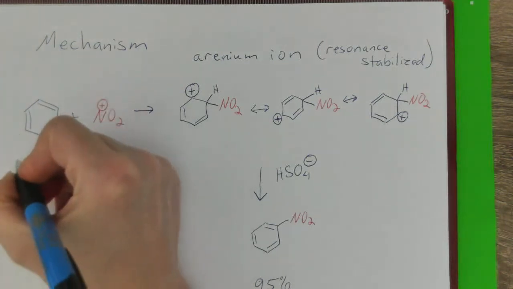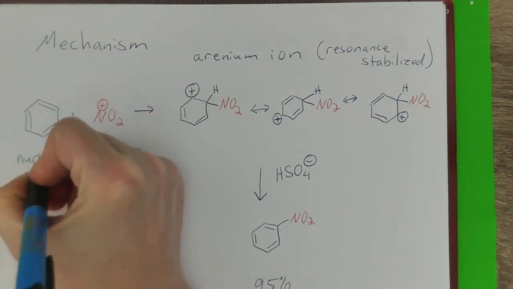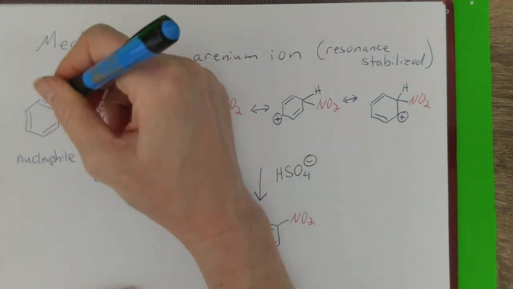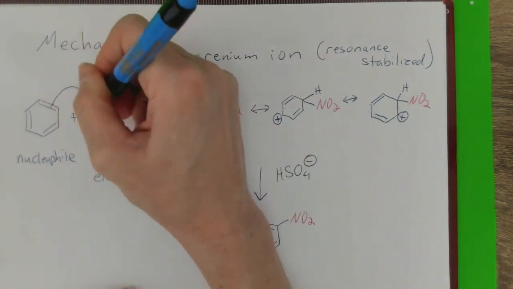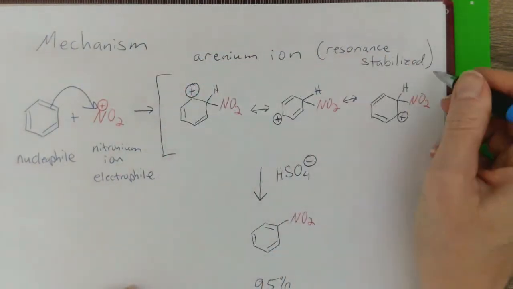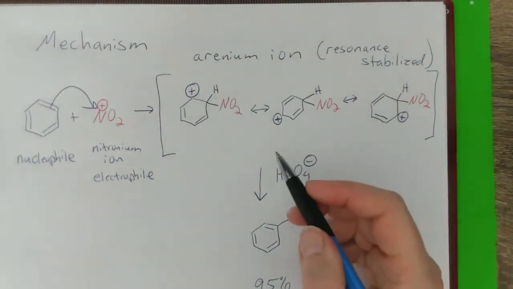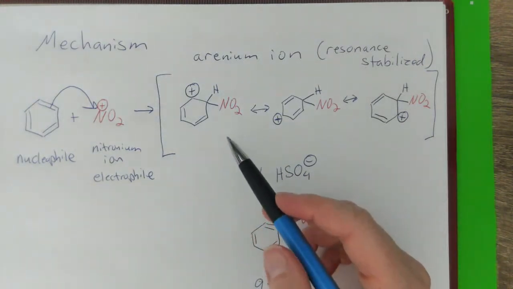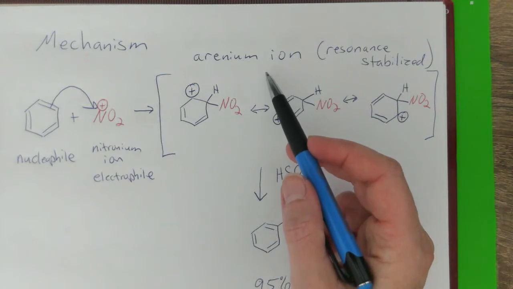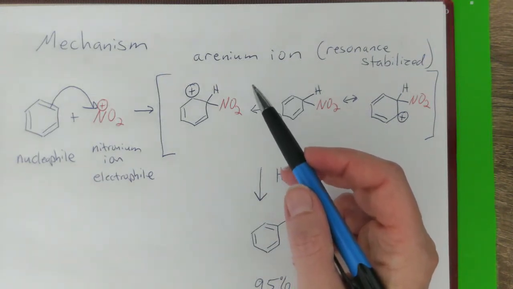So remember that the benzene ring is serving as the nucleophile. So it's going to attack the electrophile. And then we're going to make a resonance stabilized intermediate that contains an arenium ion. And again, in Klein, he also refers to this as the sigma complex.